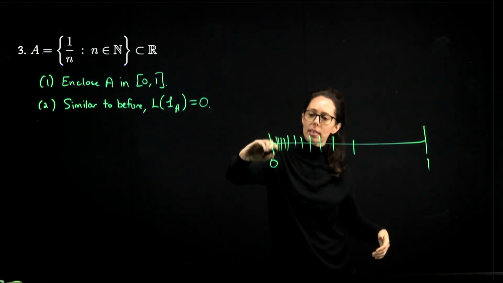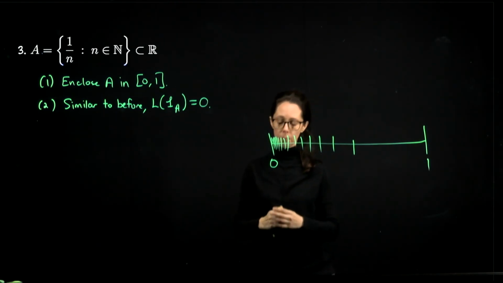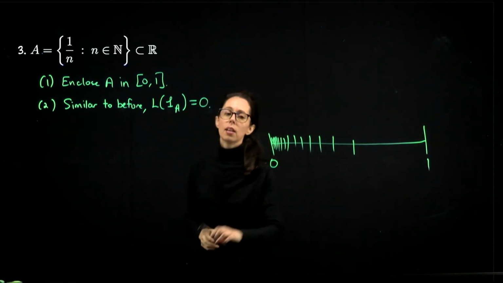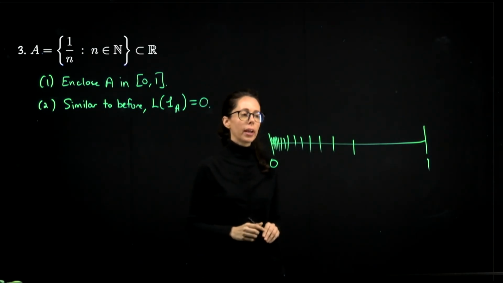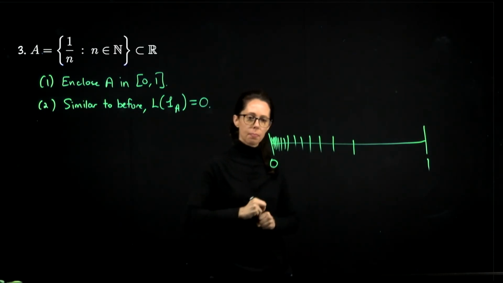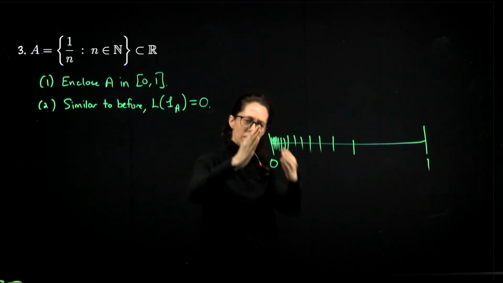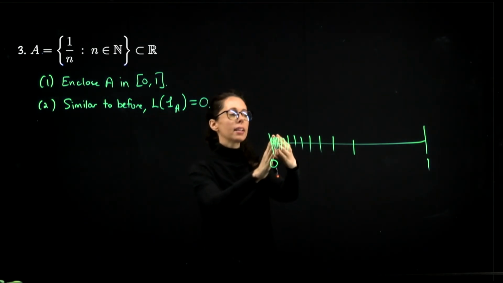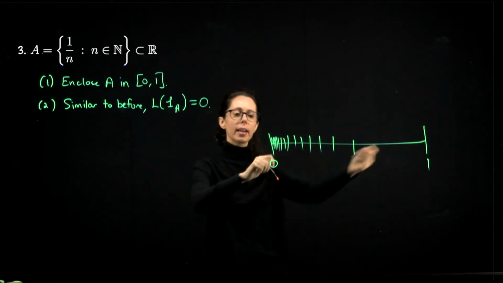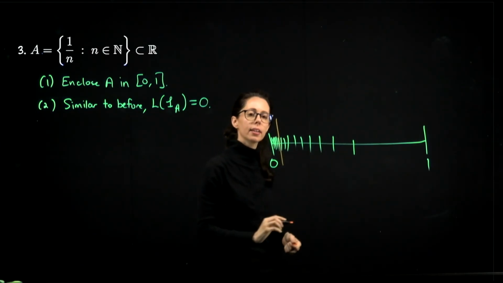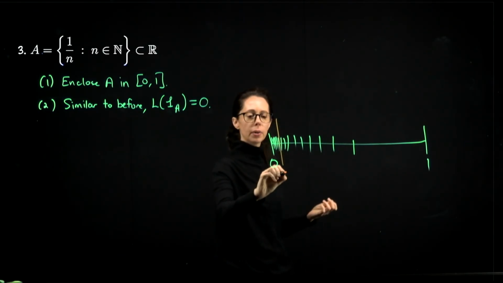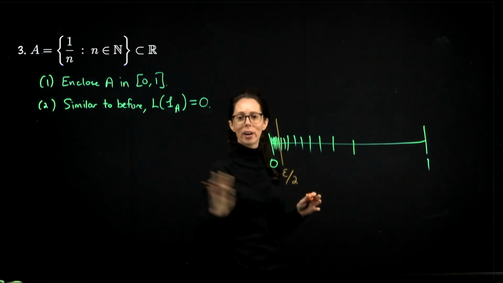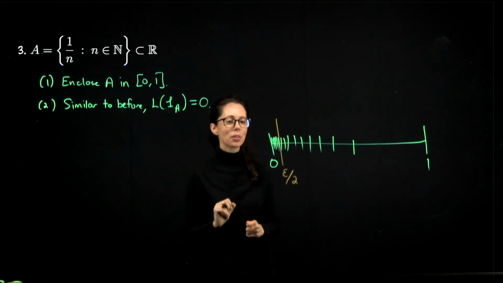What happens, of course, with the set is that we cluster up at 0. So what we will do is break our analysis into two pieces. As soon as I draw any kind of slice to the right of 0, I'm enclosing infinitely many points from A within that one single slice, and then for the rest of the domain, it's only finitely many. So imagine just dropping a slice here at a number epsilon over 2, where I'll write down let epsilon be greater than 0 in just a moment.